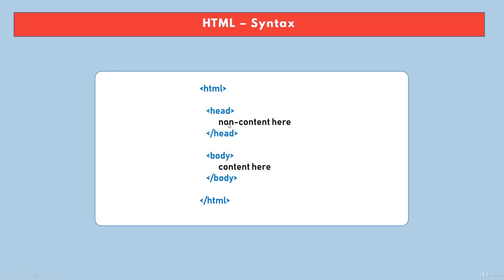Non-content is like the information that you don't want to display in the web page, or you don't want to display at all. Some information appears outside the web page, some information will not appear at all. That is called non-content, which is present inside the head. Alternatively, in the actual web page, whatever you want to display, you have to place it in the body.